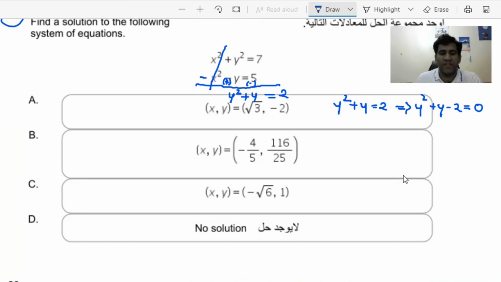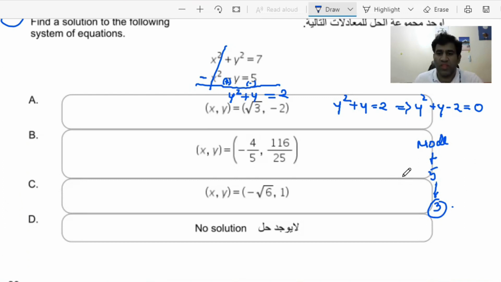As a calculator is allowed, you can simply go to the scientific calculator which you carry, and use the operation mode 5. Mode 5 is for selecting equations, and then 3 is for selecting the quadratic equation. If you press mode 5 and 3, then you can solve this quadratic equation simply by inserting the coefficients of the terms in y.